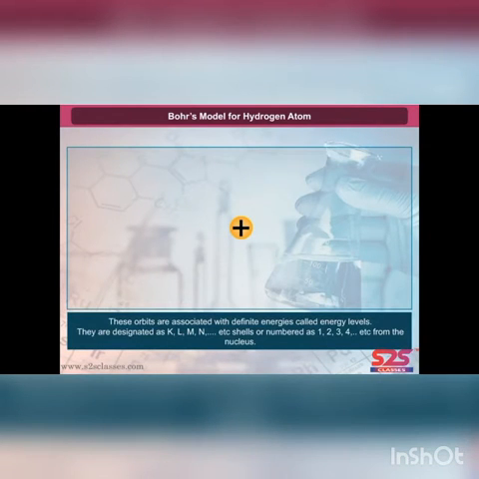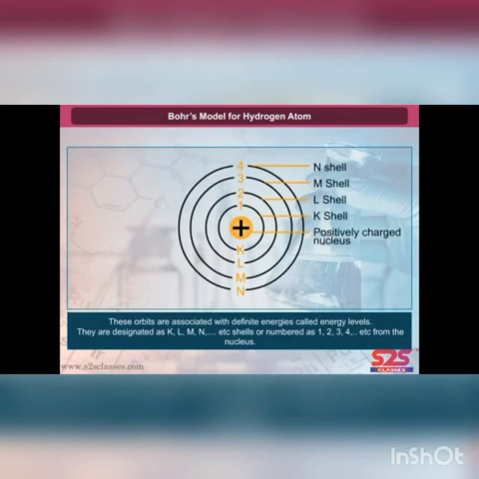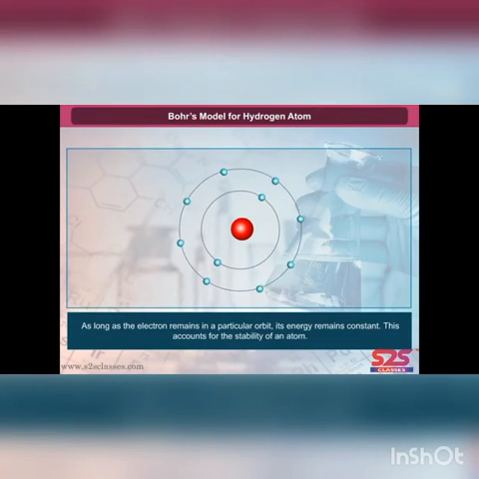These orbits are associated with definite energies called energy levels. They are designated as K, L, M, N, etc., shells, or numbered as 1, 2, 3, 4, etc. from the nucleus. As long as the electron remains in a particular orbit, its energy remains constant. This accounts for the stability of an atom.